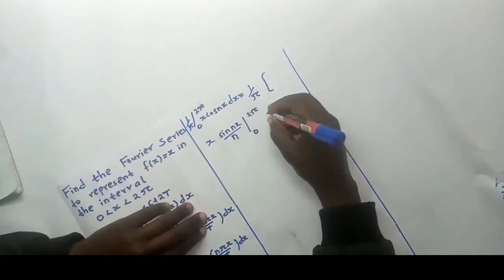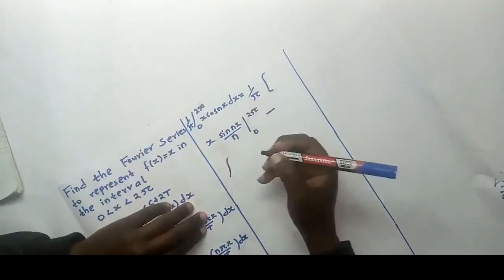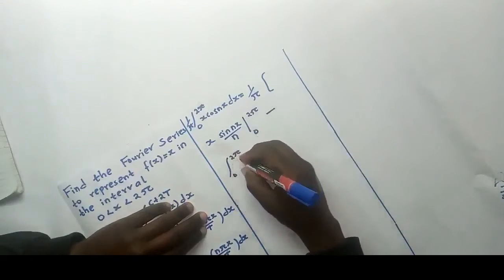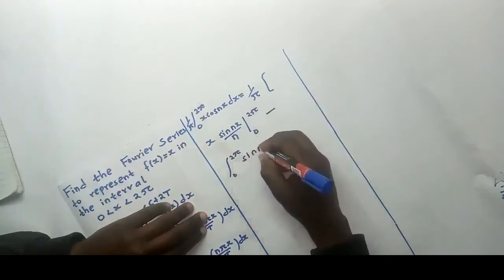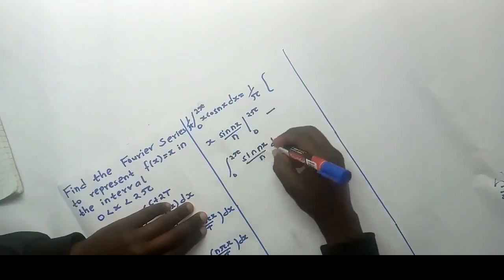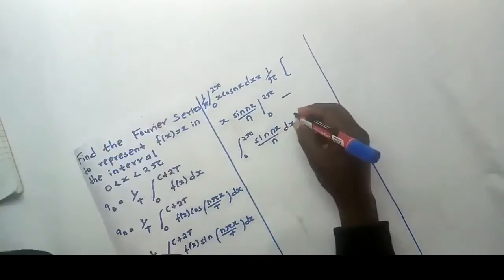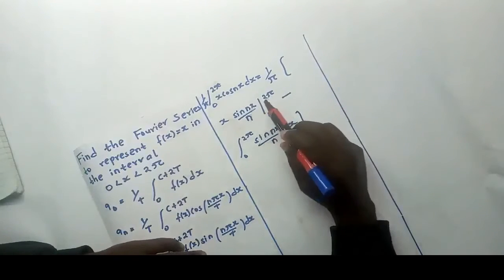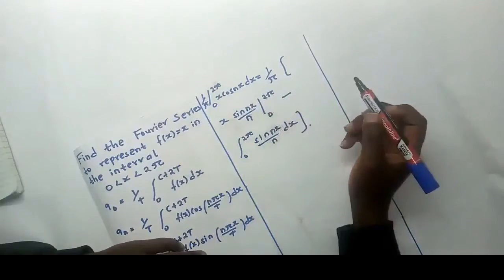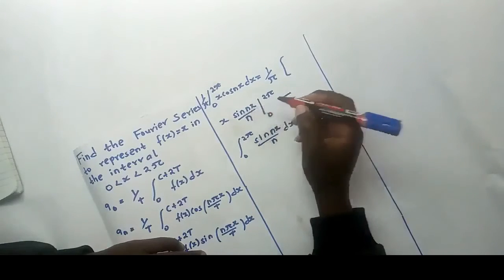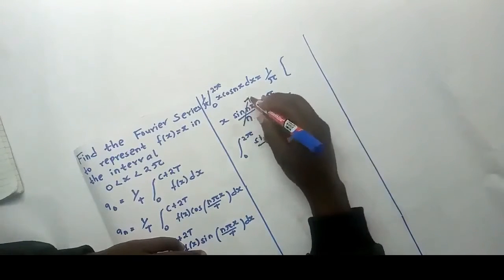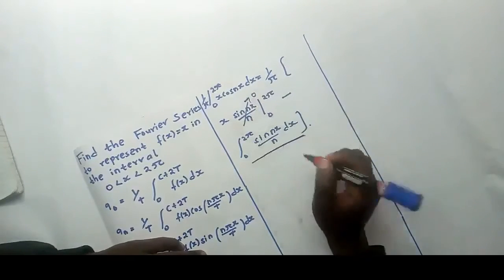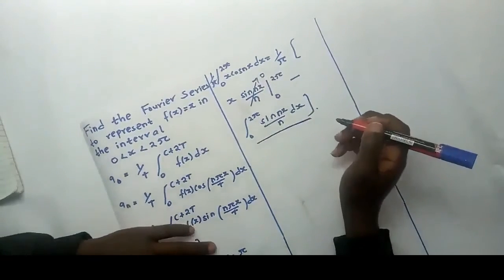And then you minus the integral of v du, that is just from 0 to 2 pi, sin nx over n dx. So you realize that the first part goes to 0 because sin 2 pi is just 0 and sin 0 is 0. So we remain with this part here. This is the only part we have to integrate.